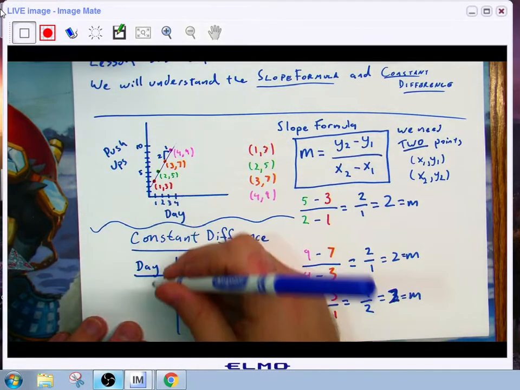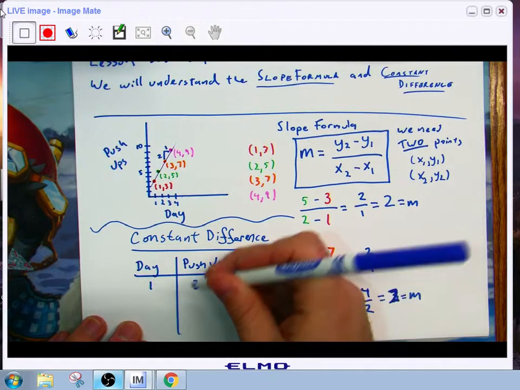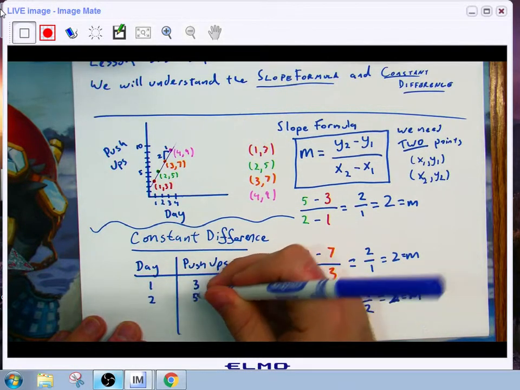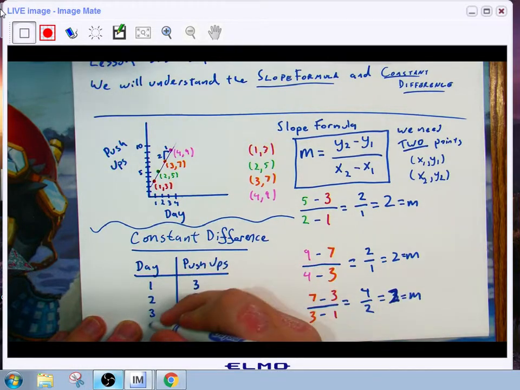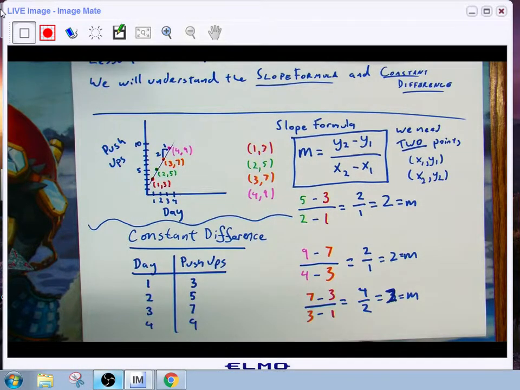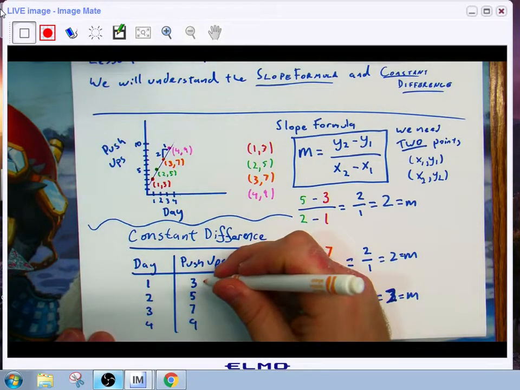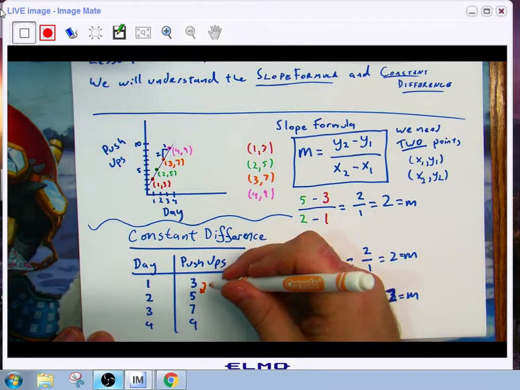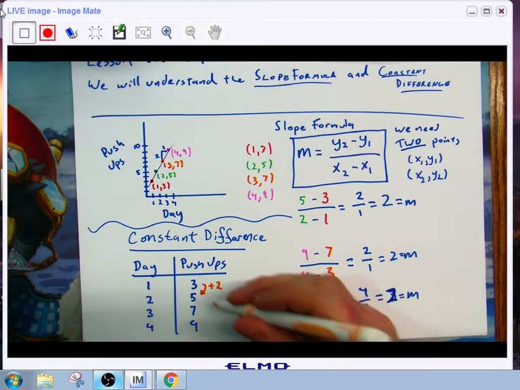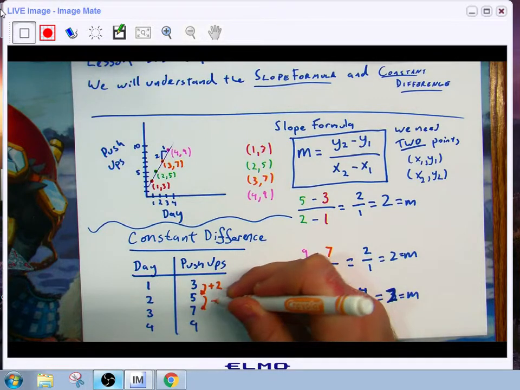So on day 1, he did 3. On day 2, he did 5. On day 3, he did 7. On day 4, he did 9. Okay? Easy enough, right? And so when I'm looking at this, to get from 3 to 5, what do I do? Well, I add 2, right? To get from 5 to 7, I add 2.